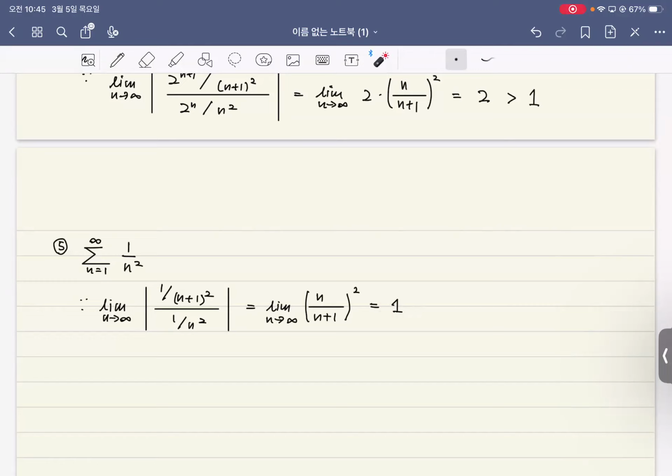So that means the ratio test cannot say anything about the convergence or divergence of the series. So this kind of series is the hardest kind of all. The convergence or divergence of this guy cannot be determined by using the limit test, the comparison test, or the limit comparison test, and definitely we cannot use the alternating series theorem, and we also cannot use the ratio test. So this is one of the hardest kinds.